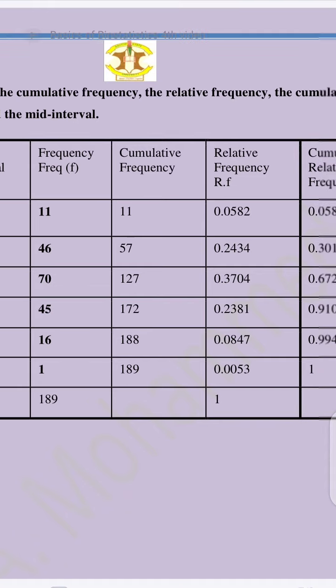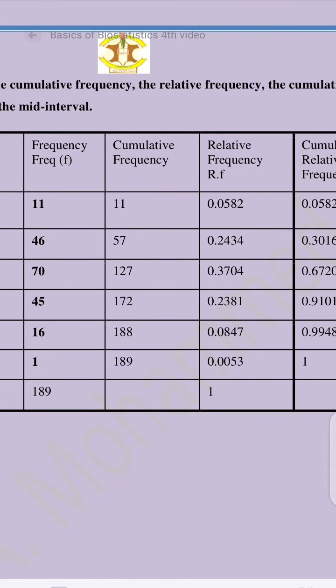Now, for relative frequency, what you do is you divide the first value of the frequency, which is 11, by the total number of frequencies, which is 189. 11 divided by 189 is going to give you 0.0582. And 46 divided by 189 is going to give you 0.2434.